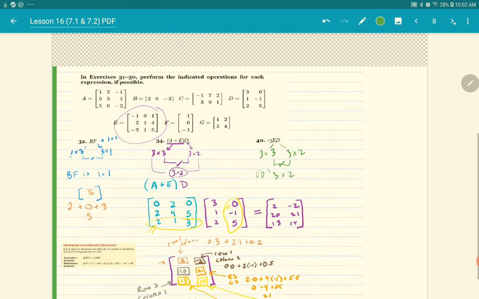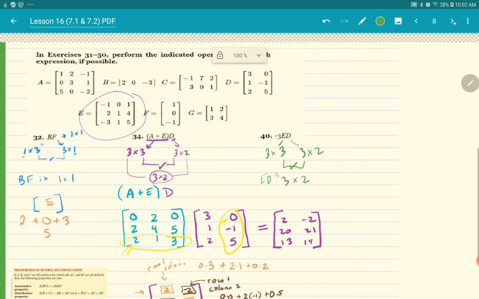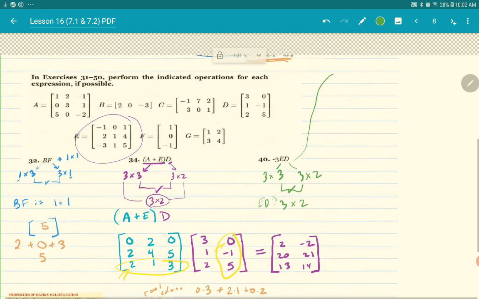Okay, so I'm going to do that, kind of run out of room below, so I'm going to just slide this guy over here and do it over here.